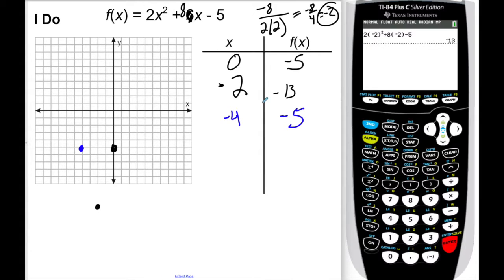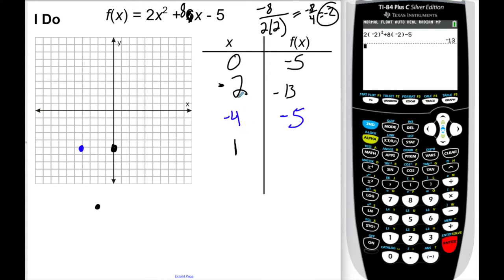Now, I think I'm going to be in trouble if I graph negative 1. I have a feeling it's off the graph. So what's another easy number to plug in? I would plug in 1, because 1 is a nice easy number. And what's my free point? Well, 1 is how far away from negative 2?